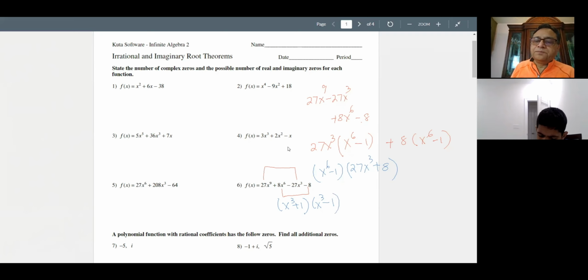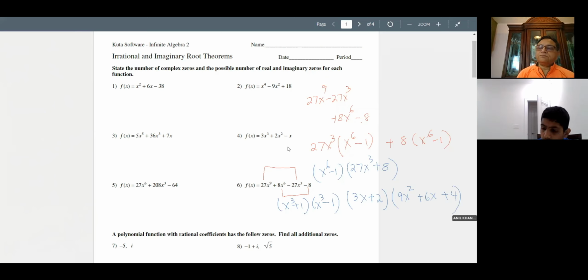The other factor is 3x cubed plus 2 cubed, so it could be written as 3x plus 2 times the square of 3x, which is 9x squared, and the product of these two, plus 6x, and the square of 2, which is 4. That is how you could factor this.